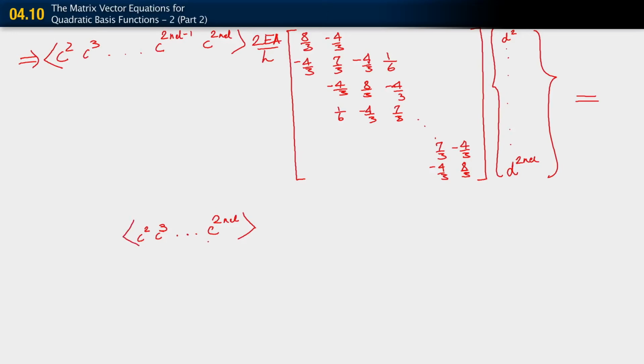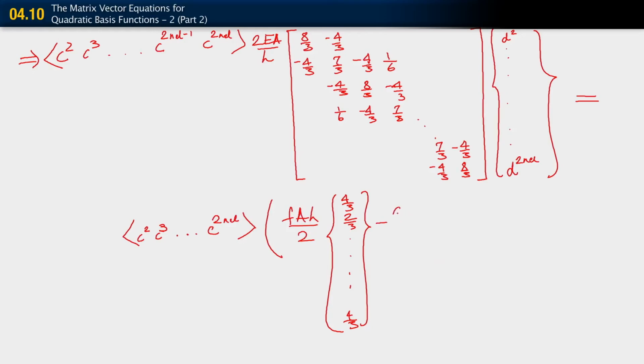Okay? Multiplying FAH over 2, the vector here from the distributed forcing is 4/3, 2/3, all the way down until it ends in 4 over 3 at the mid-side node of the last element.